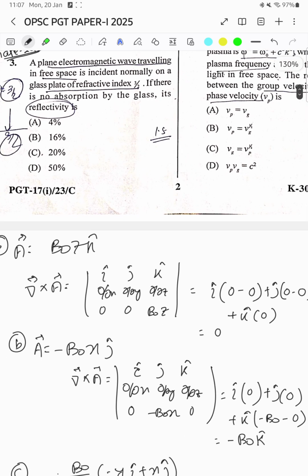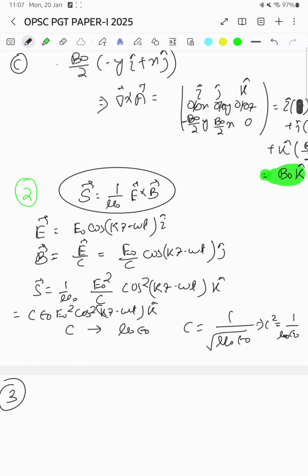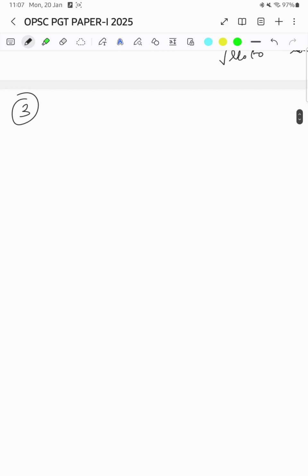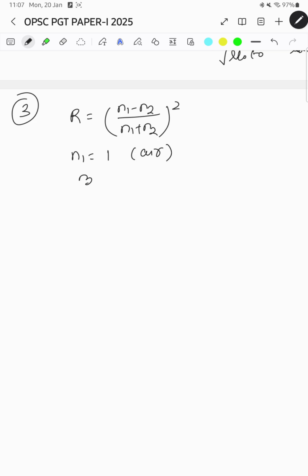It is asking us about the reflectivity. We should know the formula for reflectivity from electrodynamics. We know that (n1 minus n2) over (n1 plus n2), whole square, is the reflectivity when there is no absorption. Here n1 is 1, and n2 is the glass medium, with refractive index 3 by 2.